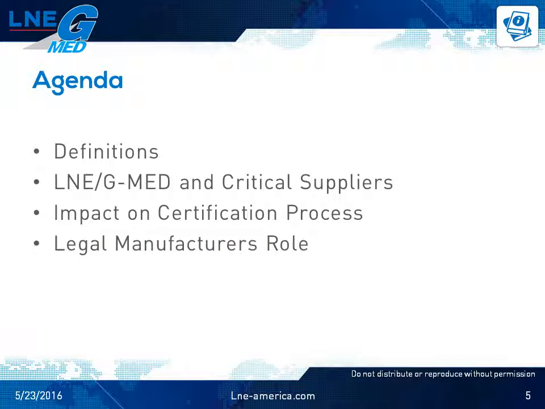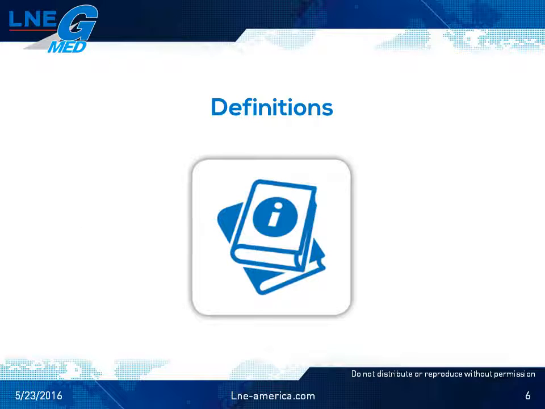And finally, the role of the legal manufacturer and some general requirements legal manufacturers need to consider. Throughout the slides, we will refer to suppliers and subcontractors interchangeably. And with that, let's get started.